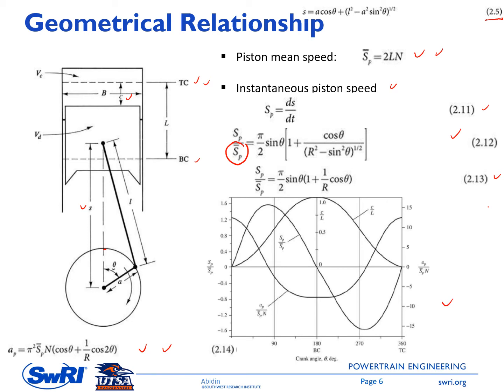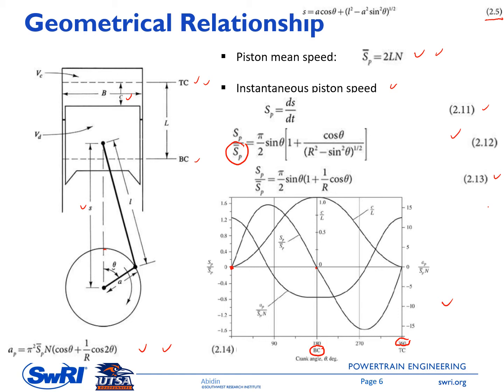We have a crank angle of 0 here, which means the piston is at top dead center, and then this is at 180 degrees, when the piston is at bottom center, and 360 degrees is when the piston is back to top center again.